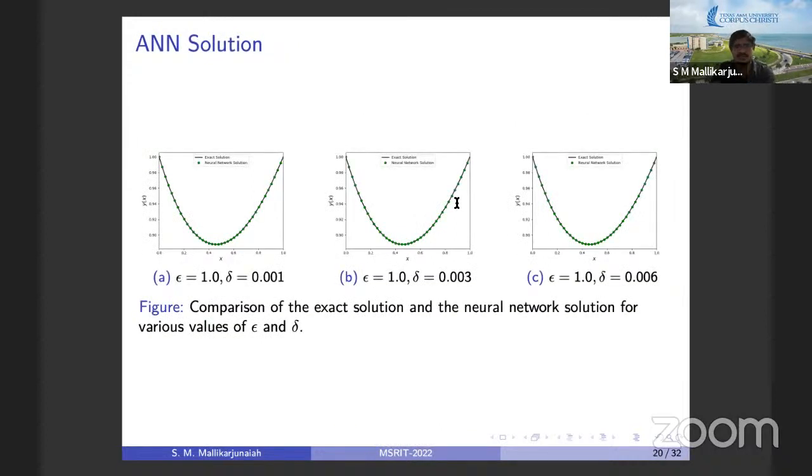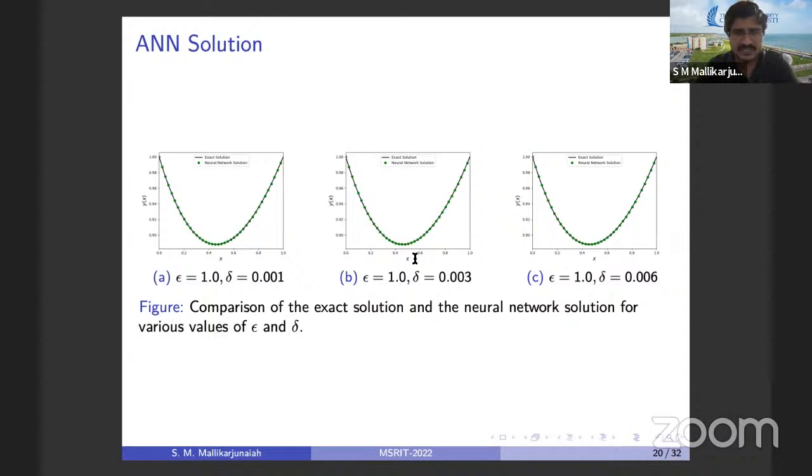This is a solution. If you go from the leftmost figure to the rightmost, I kept epsilon equal to 1 in all 3, but I'm increasing delta. I take 0.01, 0.03 and 0.06. The solution did not change much. I also tried epsilon equal to 1 and delta 10 to the minus 12, and the solution did not change much.